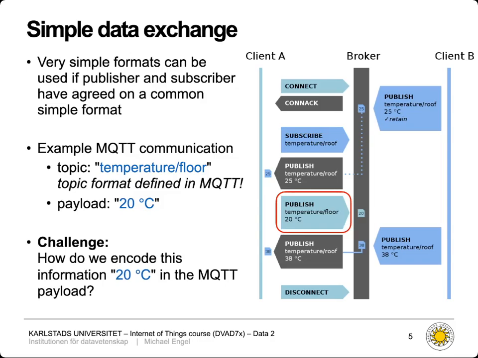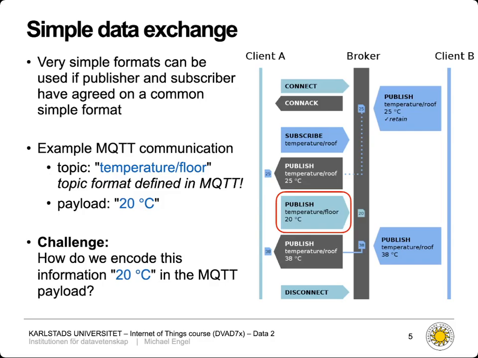And for each publish message, you see there is a topic like temperature/roof on the top right-hand side, or temperature/floor in the middle on the left side, or temperature/roof again on the lower right-hand side.